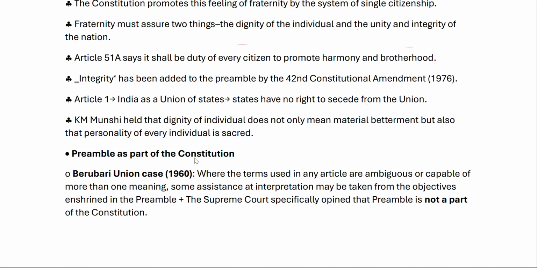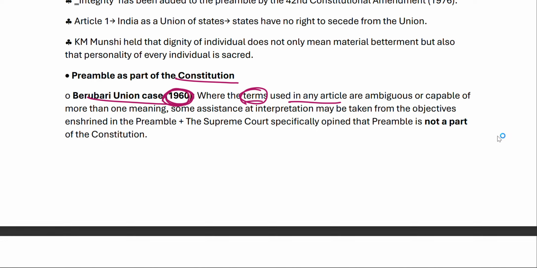Now, the preamble as a part of the Constitution. The Berubari Union case of 1960 states that whenever there is any ambiguity in the Constitution with respect to interpretation, or any article is capable of more than one meaning, some assistance in interpretation may be taken from the objectives enshrined in the preamble.